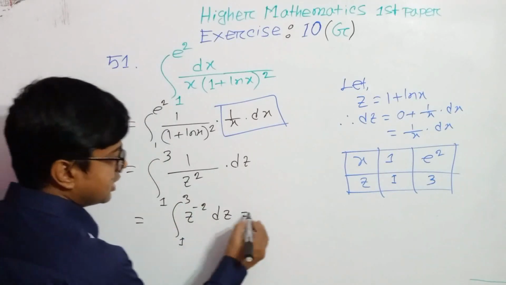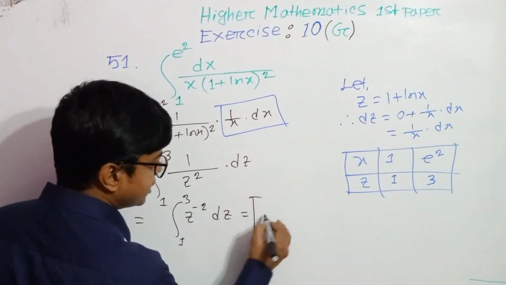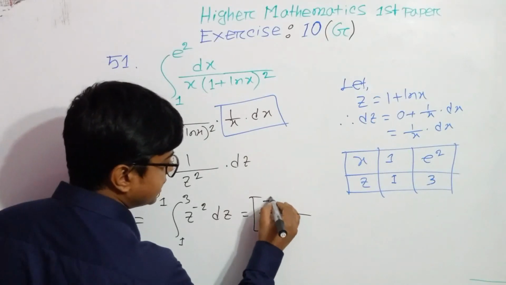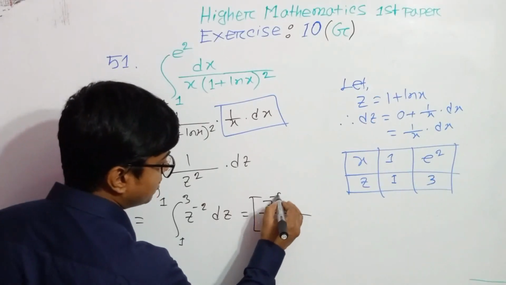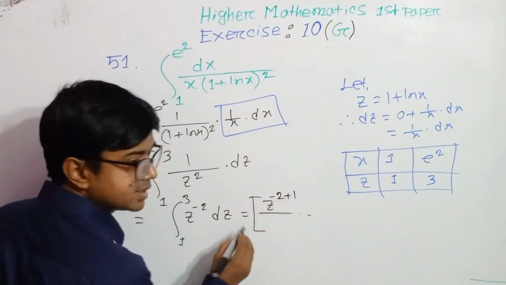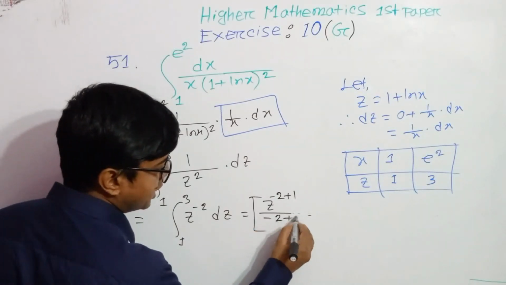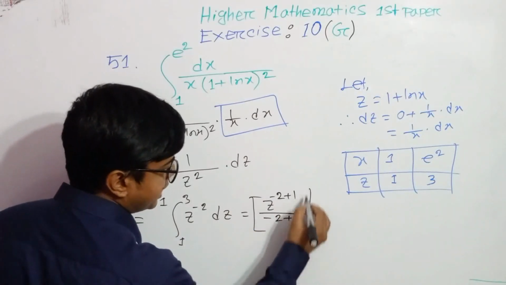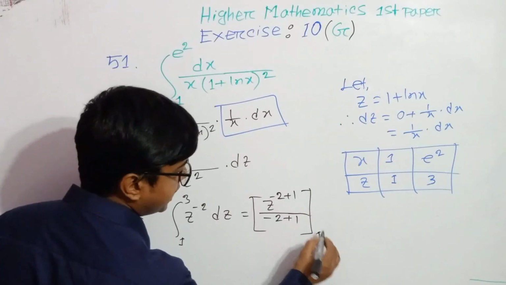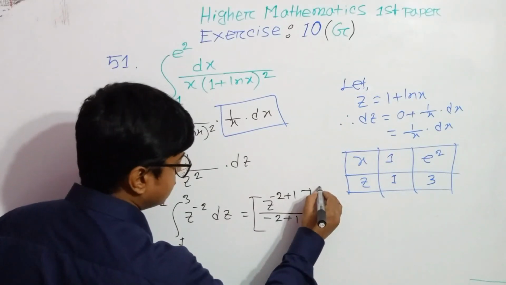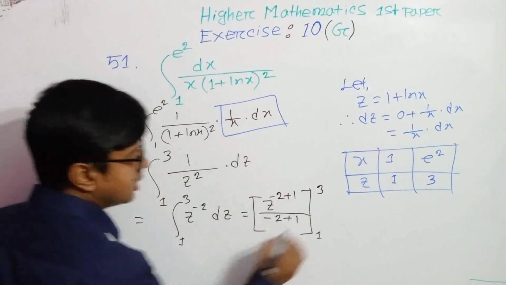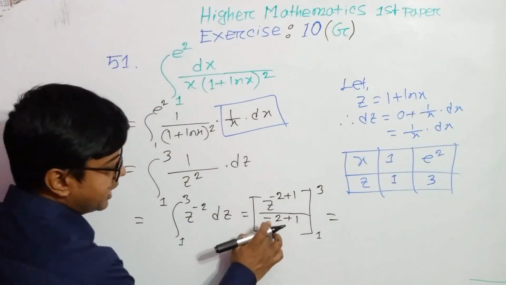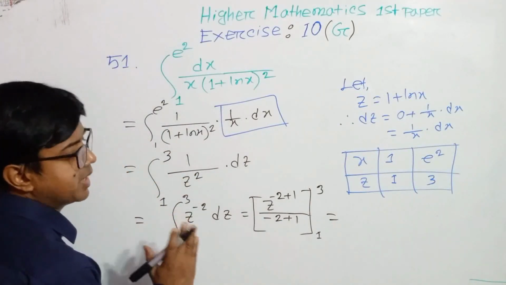Now after integration it will be z to the power minus 2 plus 1, divided by minus 2 plus 1, lower limit 1 and upper limit 3. After calculation, minus 2 plus 1 is minus 1.